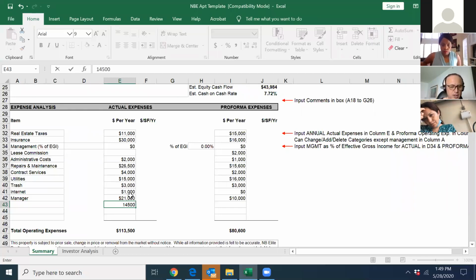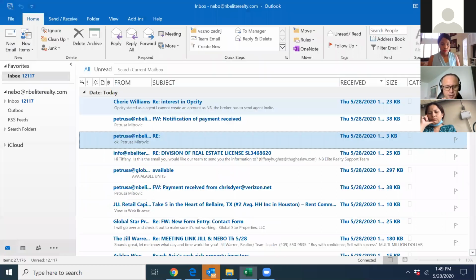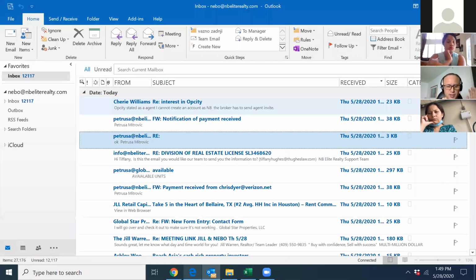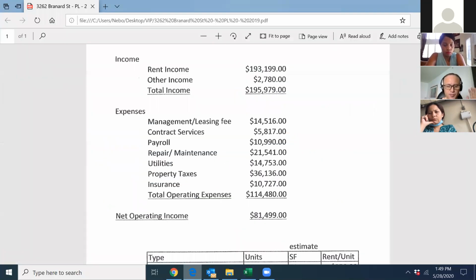They put salaries at $10,000, so you have a management fee and salary. Let me see, do they have internet? They don't have internet, but we're going to put that later in the other expenses. Utilities and taxes 36,000.